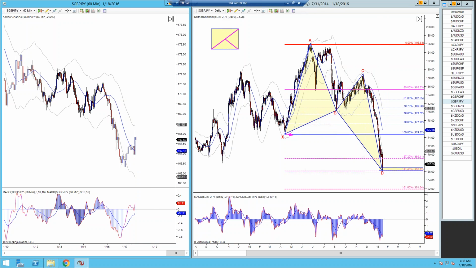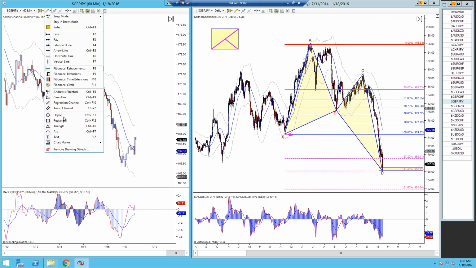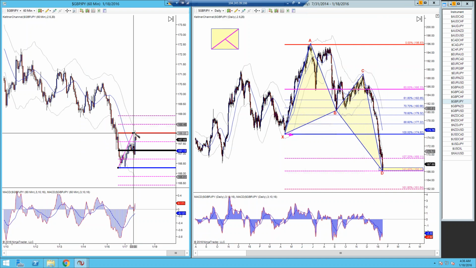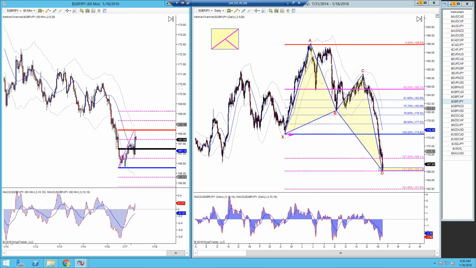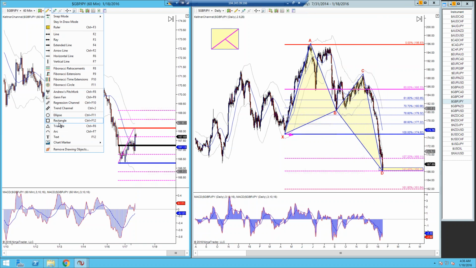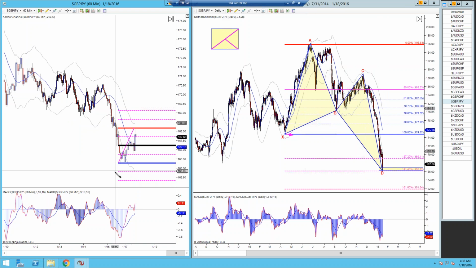So what I would do is look to buy a pullback, and you want to keep your stop wider. You want to keep your stop much wider, right down here.